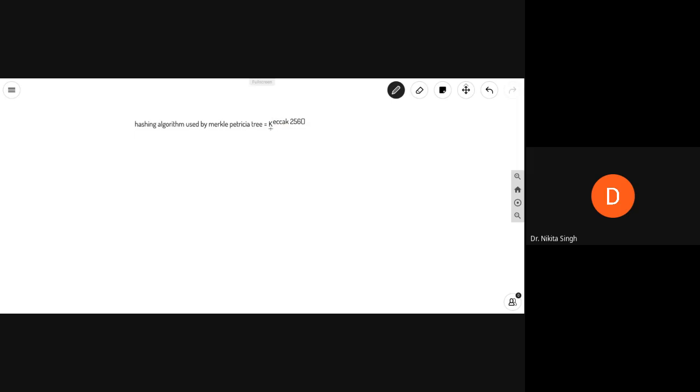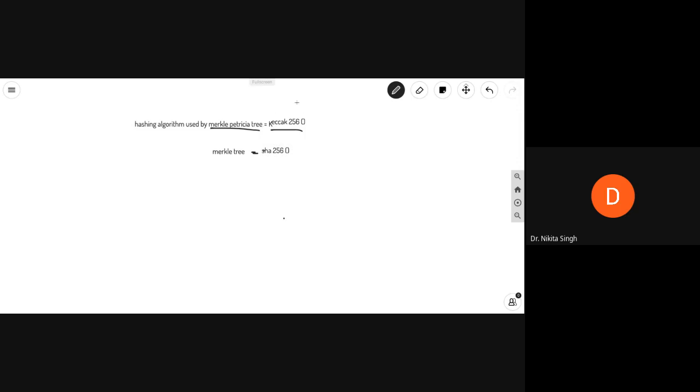This is the name of the hash algorithm that is used in Ethereum. We don't use SHA-256. We use the algorithm known as KECCAK 256. When we were using the Merkle tree in Bitcoin, we were using the SHA 256 algorithm.